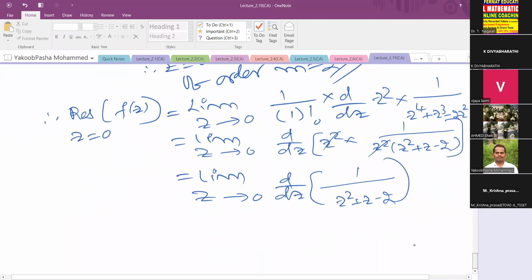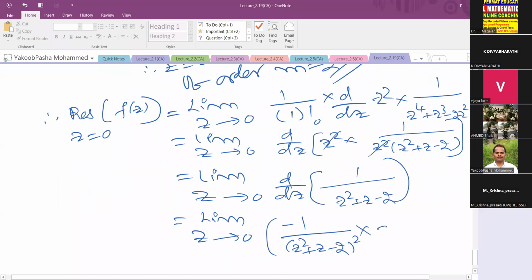Okay. So it is in the form of 1 by x. The derivative of 1 by x is minus 1 by x square. So minus 1 by (z square plus z minus 2) whole square. Again differentiate z square plus z minus 2, by chain rule we are using.